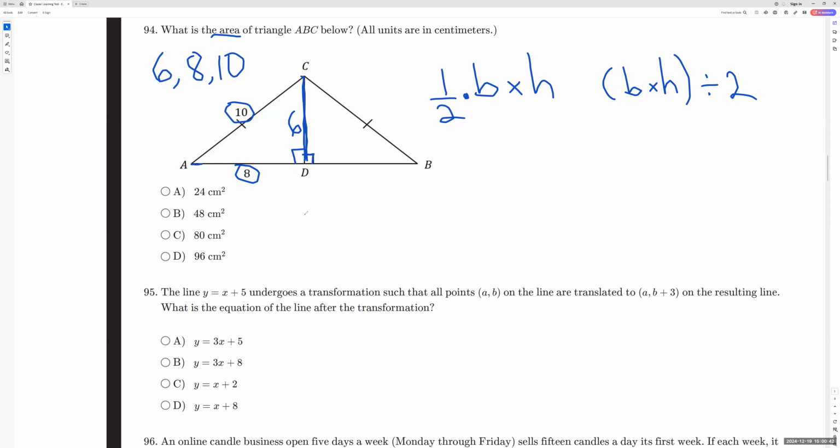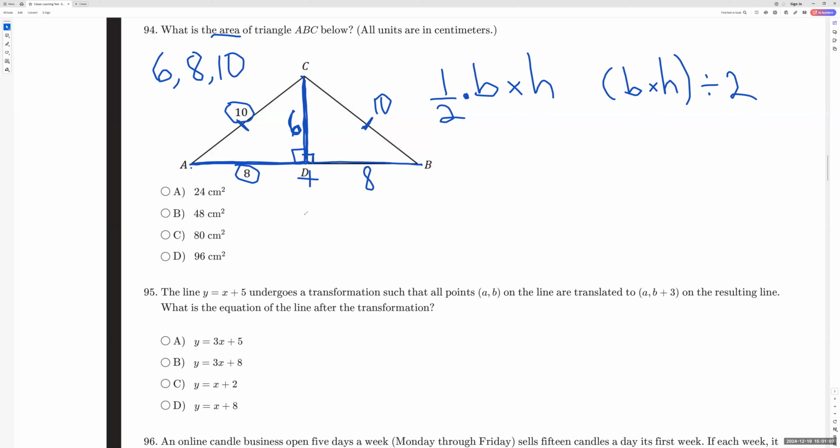I know that I have 8. Remember that that is 10 in length. This is also 10. So now I have 6 for the triangle on the right side, 10, and this has to be 8. So the whole base for the two triangles put together into one bigger triangle from AD to DB, the base is 8 and 8, which is 16.